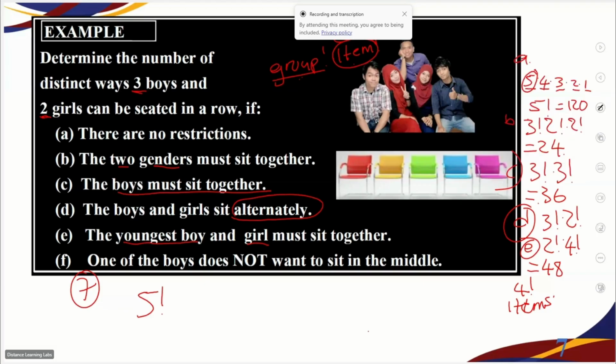Meaning in the 5 factorial that we have 2 possibilities. I am going to write the possibilities here. Possibility number 1, there is a possibility that the boy will sit in the middle, and there is also a chance that he will not sit in the middle.